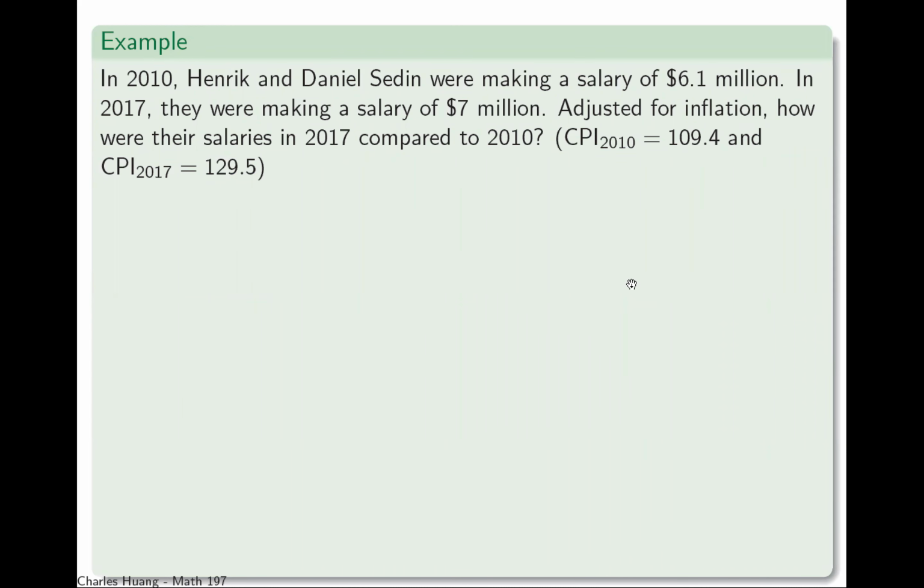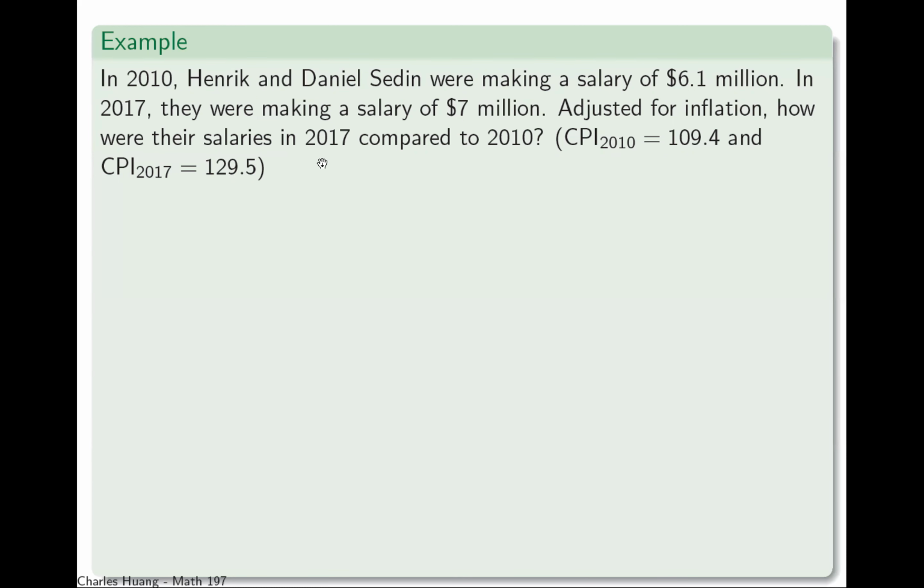So for example, if we want to compare the salary of 2 star players for the Vancouver Canucks, now you'll notice back then in 2010, they were making 6.1 million. And in 2017, they were making 7. Well, it seems like 7 is more. But is it really more?